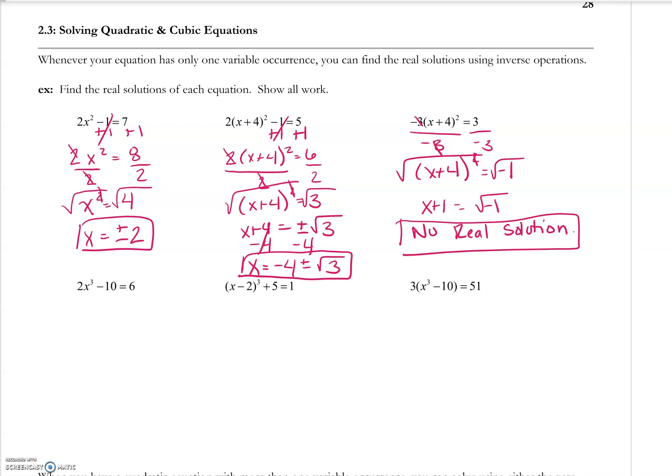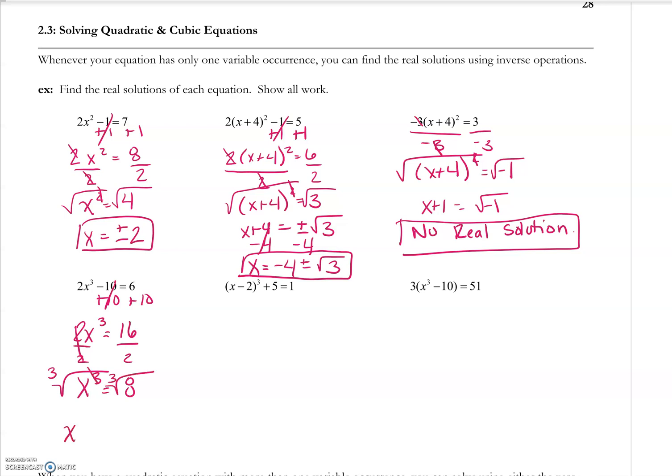Moving on to the next row, here I have all cubic functions, still with just one variable occurrence. So for this one, I'm going to start by adding 10 on both sides. I'll get 2x cubed equals 16. Then divide by 2 and get x cubed equals 8. Now I have to remember what the inverse operation of cubing something is, and that's taking the cube root.